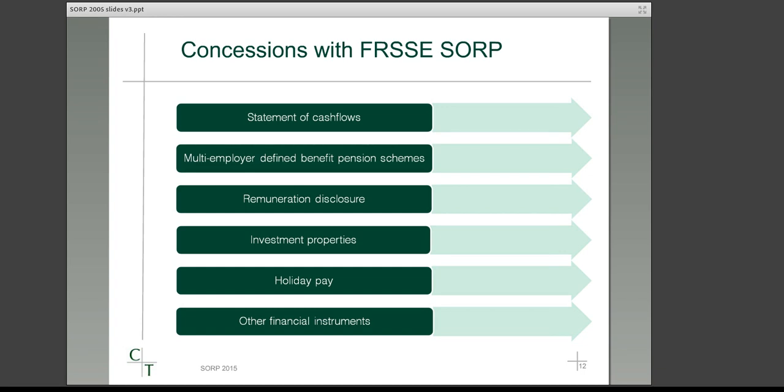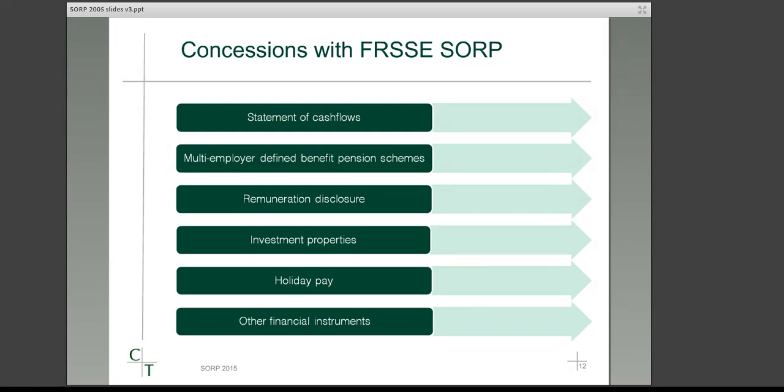Now, a number of charities have investment properties, and there is a distinction in the accounting, disclosure and treatment between the FRS 102 version of the SORP and the FRSSE version. With the FRS 102 version, investment properties need to be fair valued at the end of each year, and the movements taken to the statement of financial activities.